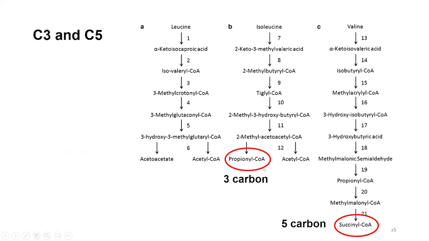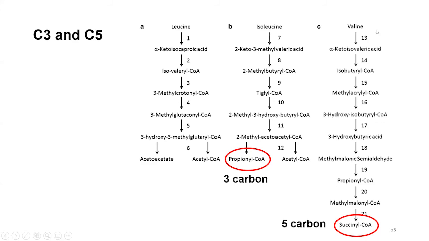Two things that you produce during the breakdown of the BCAA are propionyl-CoA, which is a 3-carbon compound, and its cognate acyl-carnitine is a 3-carbon carnitine. So the C3 carnitine is primarily generated by the breakdown of isoleucine, which generates propionyl-CoA.